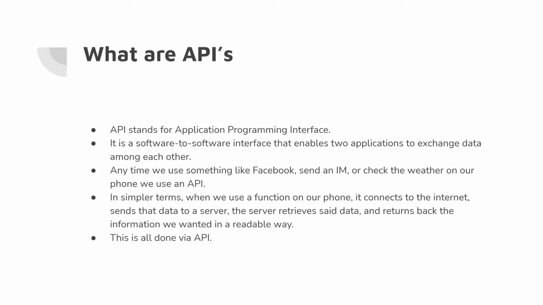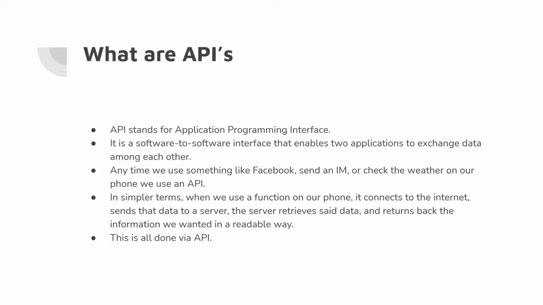So anytime we use something like Facebook, Instagram, YouTube, Google, anything that you can think of that we use on a daily basis, even checking the weather on our phone, we are using an API. To give an idea of what's going on in simpler terms, when we use a function on our phone, it connects to the internet and sends data to a server.